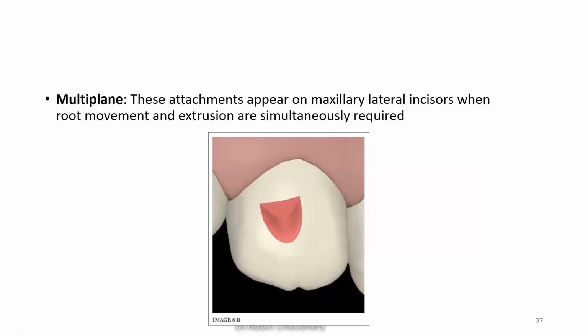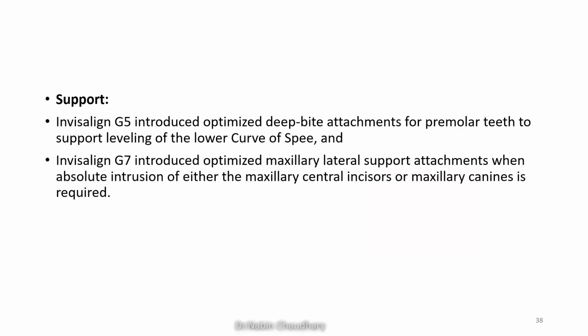Now there is another optimized attachment, that is the multiplane attachment, and this attachment appears generally on the maxillary lateral incisors when root movement as well as extrusion are required. Also, there is a support attachment, and this support attachment was introduced for deep bite correction in the case of Invisalign G5, for deep bite correction in the premolar to support the leveling of the curve of Spee by placing the attachment on the premolars.